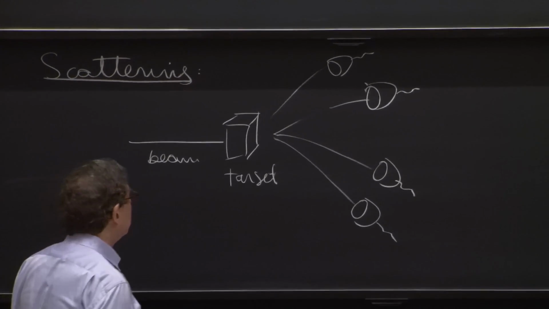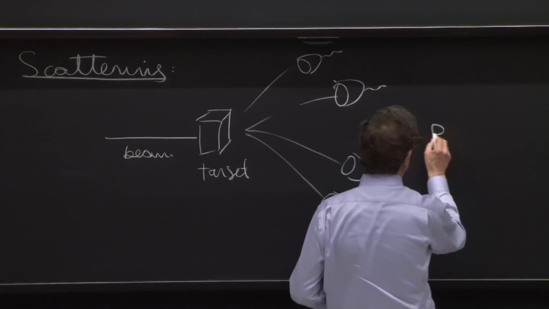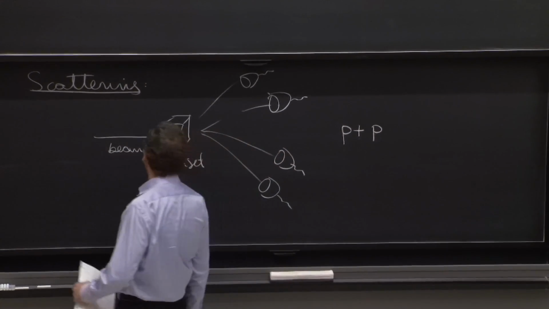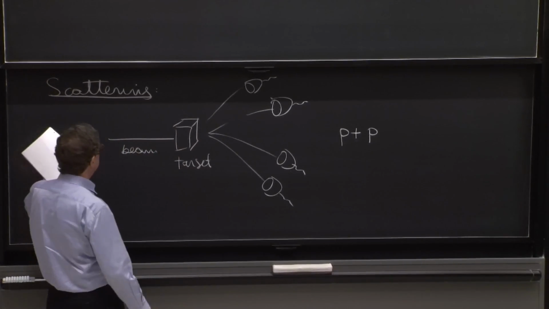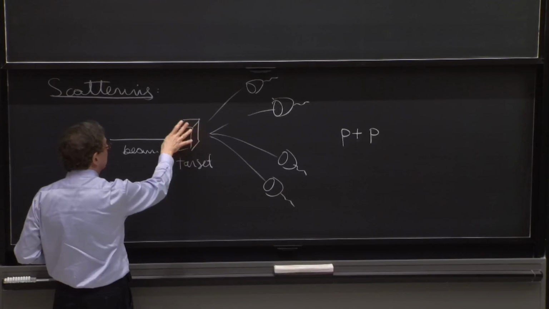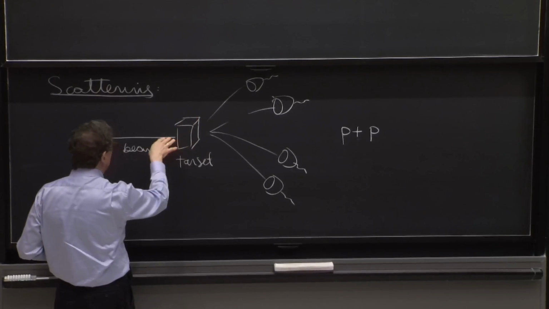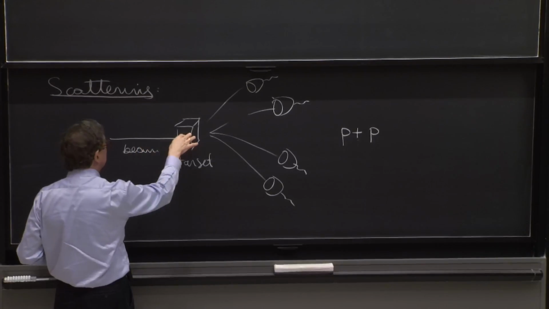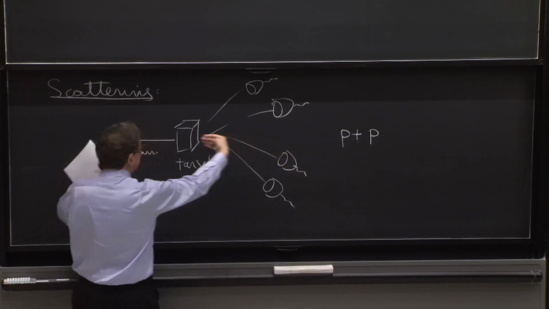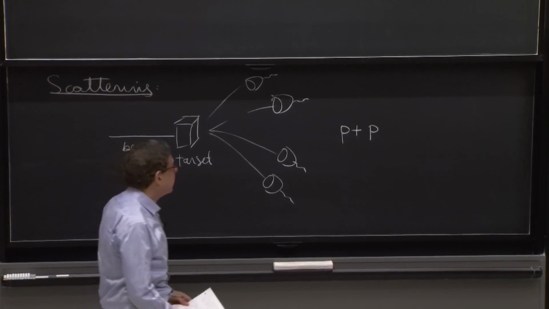Particles can change identity, can do all kinds of different things. For example, you can have a proton colliding with a proton. This could be the case when the beam is a beam of protons, and here maybe there's a target in which you study what happens when a proton encounters a proton, or it may be that in some cases there's another beam that is coming also with protons and they collide.